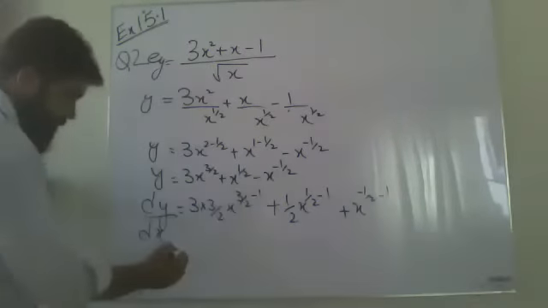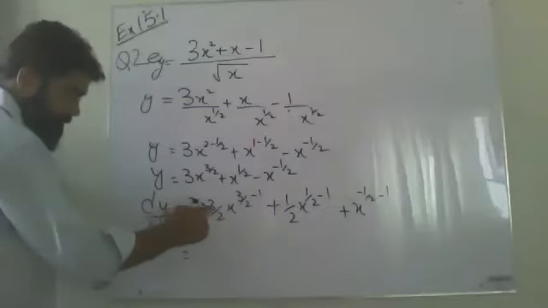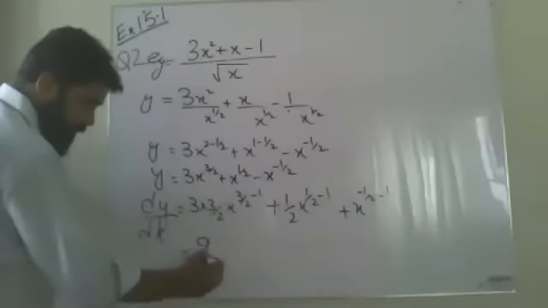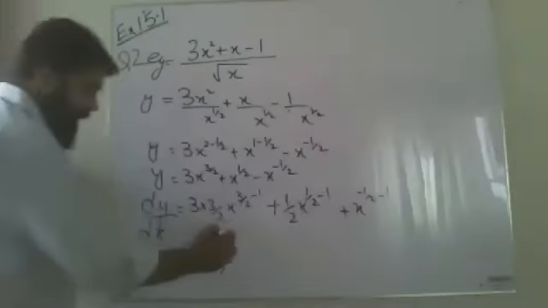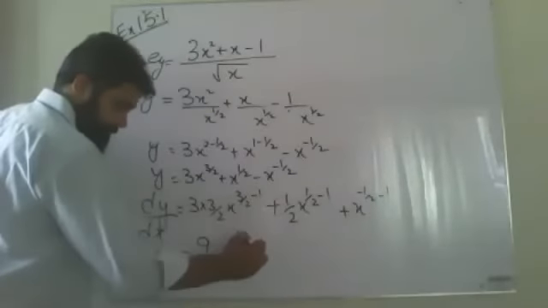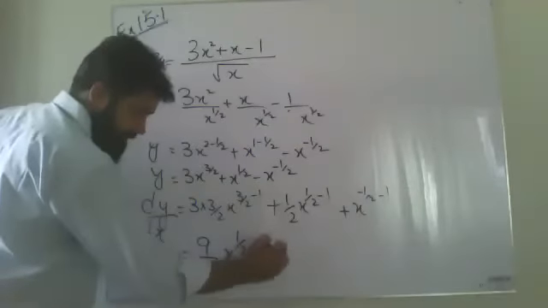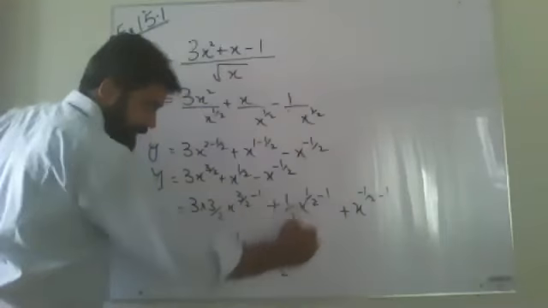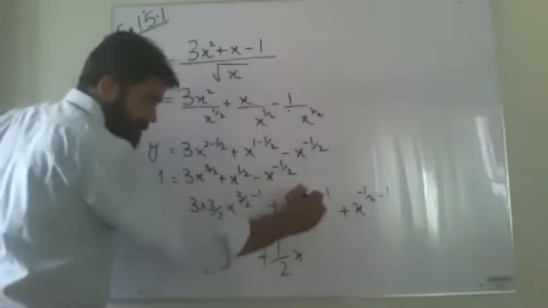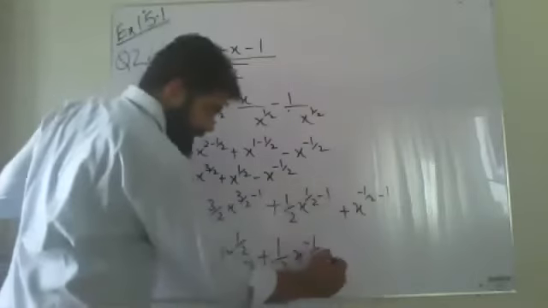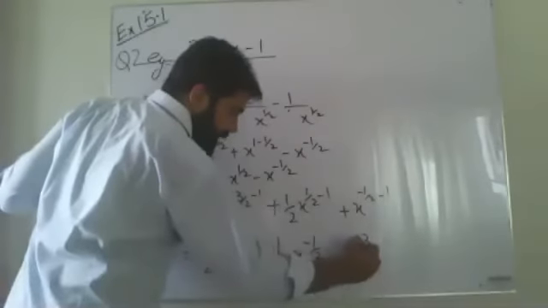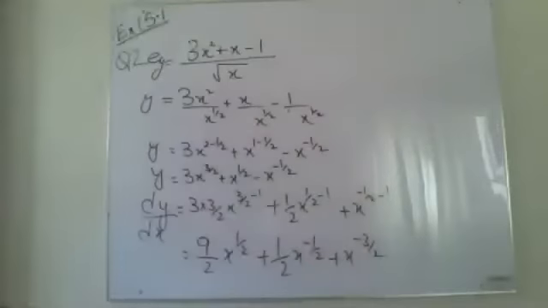Now the simplified part: 3 3s are 9 over 2 x. Simplifying this, I will have my answer as half plus 1 over 2 x. Half minus 1 will become minus half, and this plus x will become minus 3 over 2.